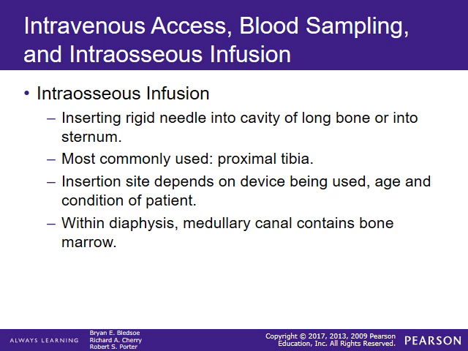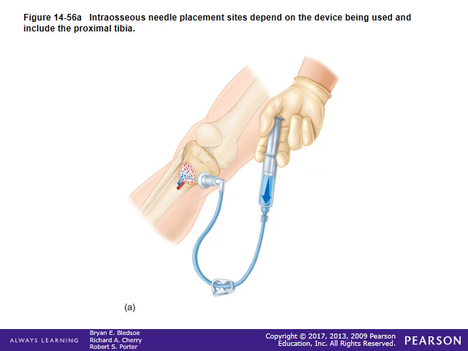Intraosseous infusion is inserting a needle into a cavity in the long bone or into the sternum. It's most commonly used in the proximal tibia. The insertion site depends on the device being used, the age, and the condition of the patient. Most commonly it will be done in the proximal tibial area.